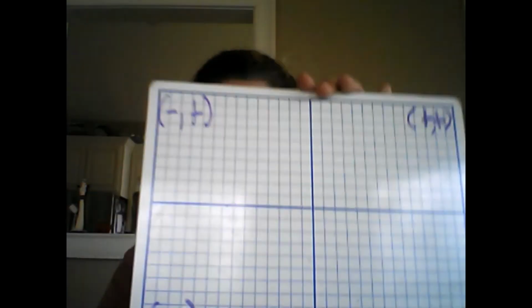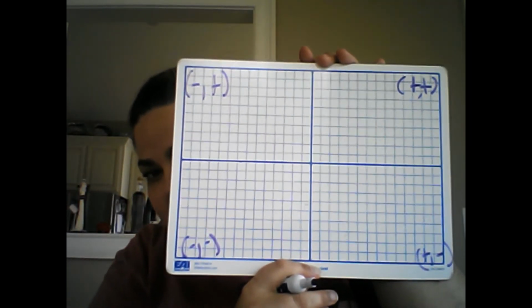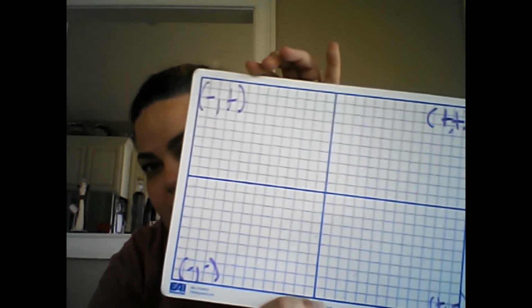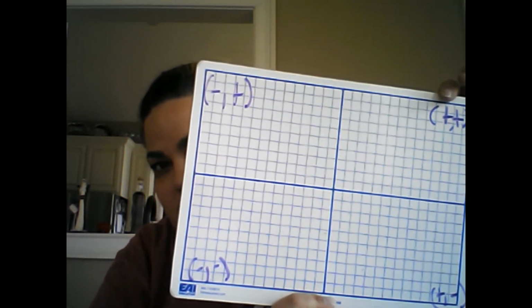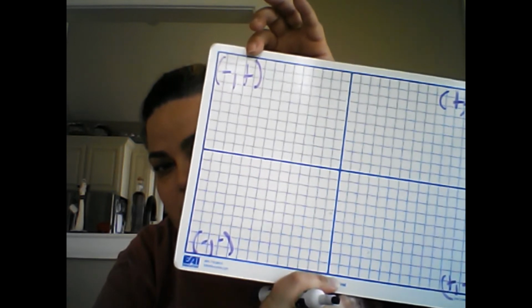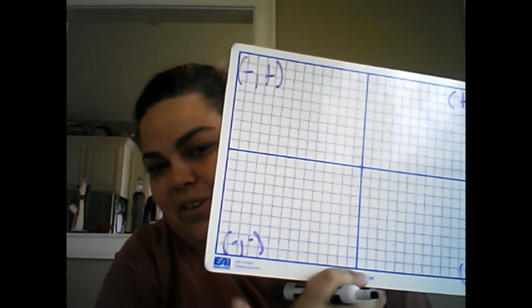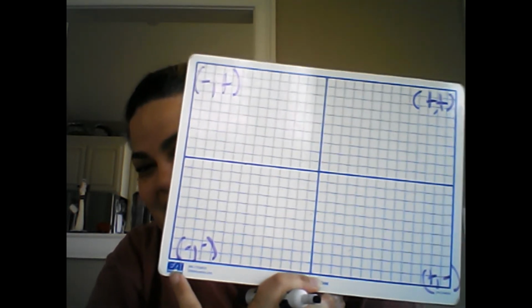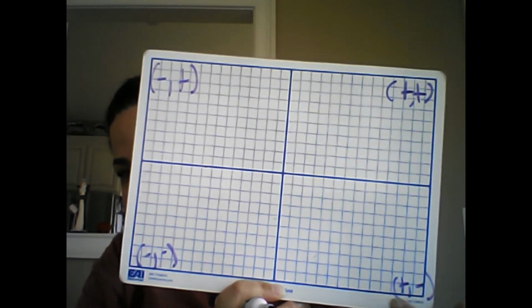All right, so like that. Y'all see how I labeled my quadrants? Okay. Positive positive in quadrant 1, negative positive in quadrant 2, negative negative in quadrant 3, and positive negative in quadrant 4. All right. So let's just review how we graph.